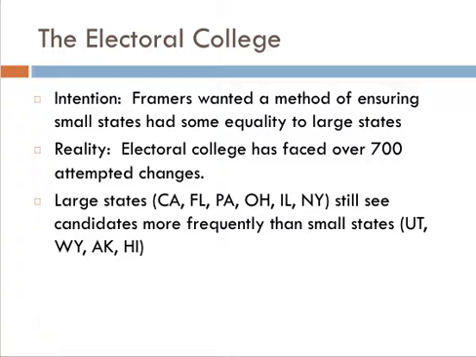So a lot of people view it as too old, outdated. Large states are dominating. They still see candidates more frequently than small states, right? Because we don't care about your three electoral votes. We want the 55, for example, or the 29 in Florida, or whatever it is. So again, intention was kind of good, but hasn't worked out today what we really wanted.